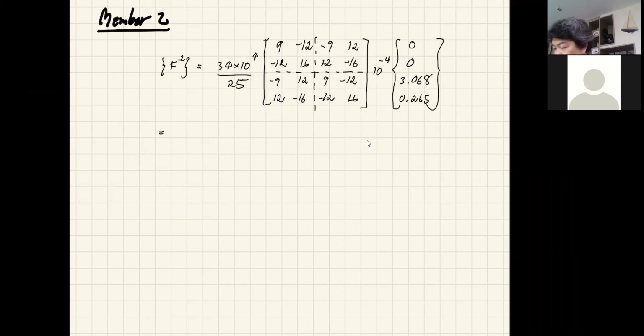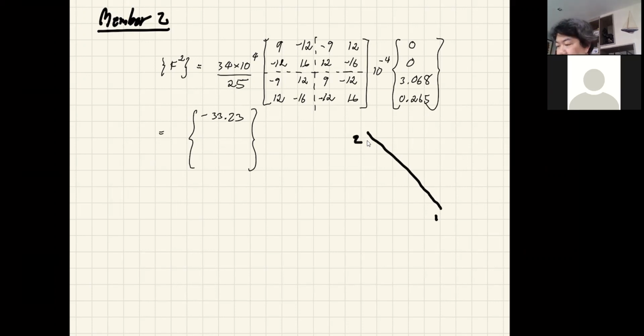You multiply this out and you're going to get, the first one is minus 33.23. And let's say our member number 2 is like this. This is your local node 1 and this is your local node 2.